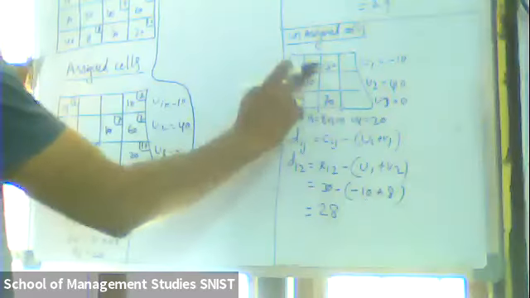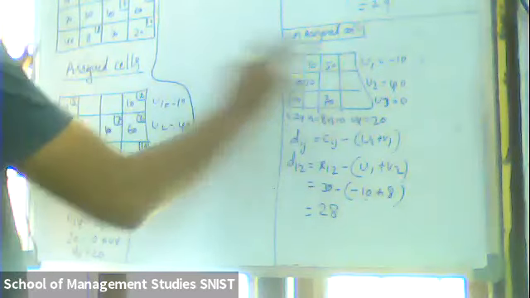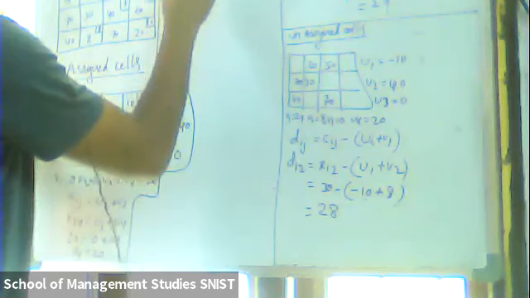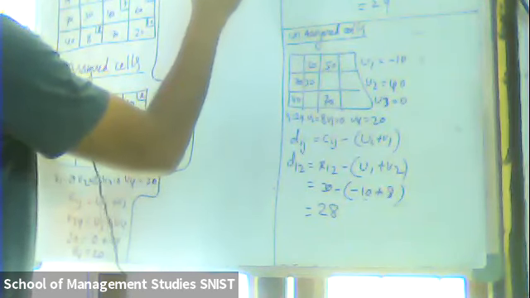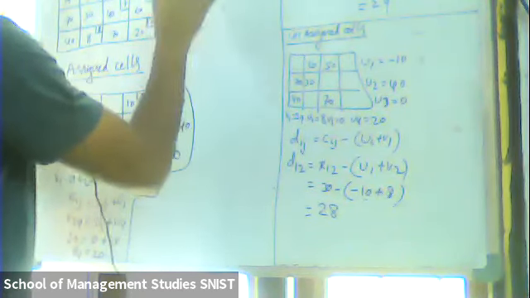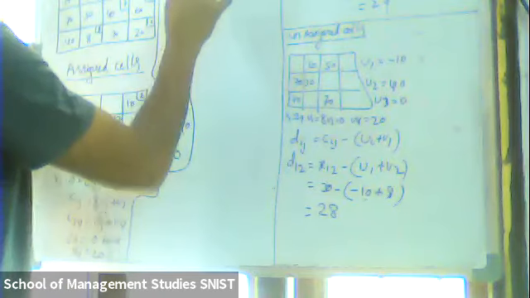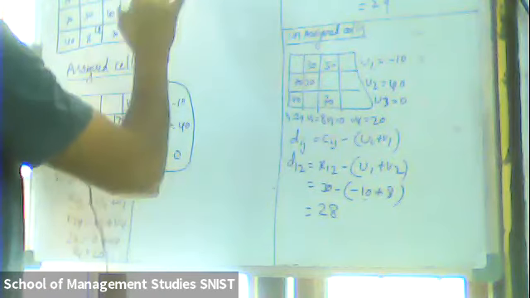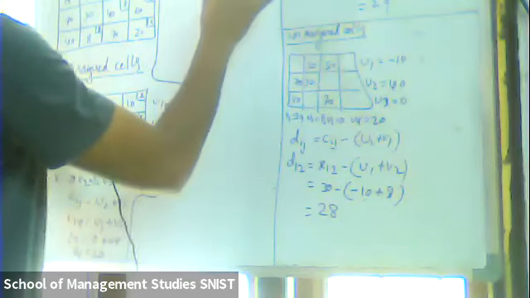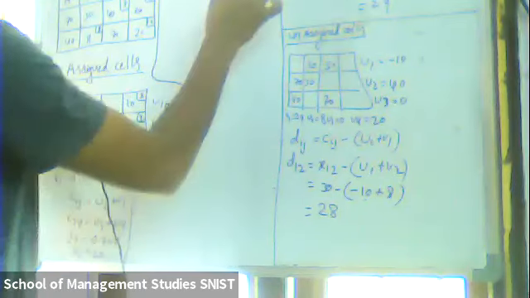Fine. Now we found the first one, now the second one, which is D13. D13 equals C13 minus (U1 plus V3). So C13 is 50. 50 minus U1, minus 10, plus V3, 0. Next.